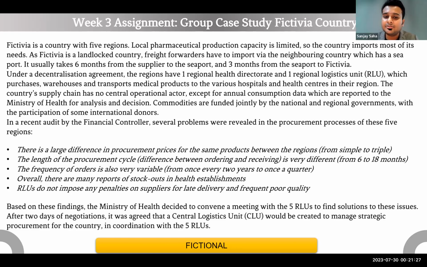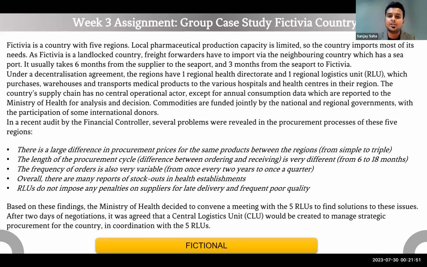Now, when these findings were submitted, the Ministry of Health decided to convene a meeting of all the 5 regional logistics units to find solutions to these issues. They went through negotiations for 2 days. And after 2 days, they agreed that there has to be a central logistics unit to manage strategic procurement for the country.